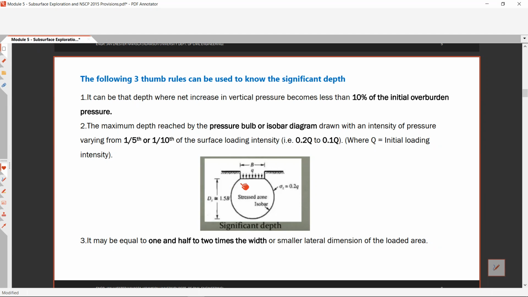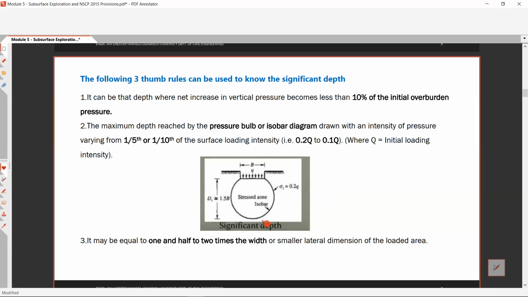Okay, so let's say you have this load Q. Okay, this linear uniform load per linear meter Q. Okay, so this comes from the weight of the building. Okay, and yung cut, yung slope. Okay, so this is Q. Then you need to draw this loading intensity. Let's say for example you use 0.2 Q. So ginamit mo yung 0.2 Q. Where Q is the initial loading intensity.